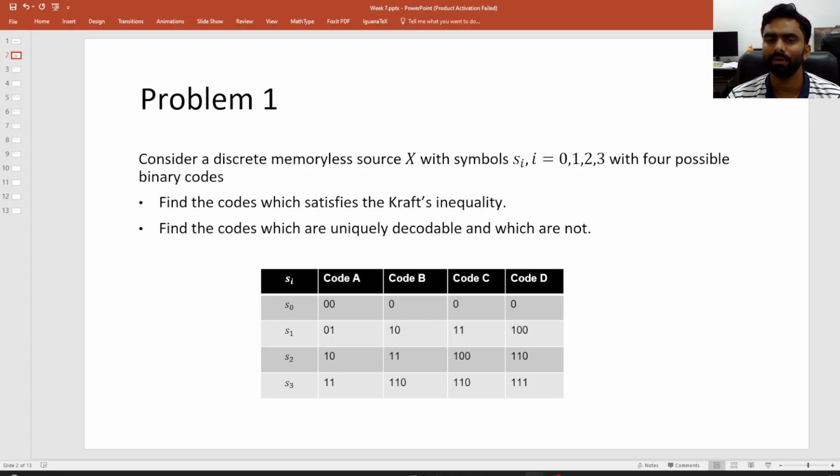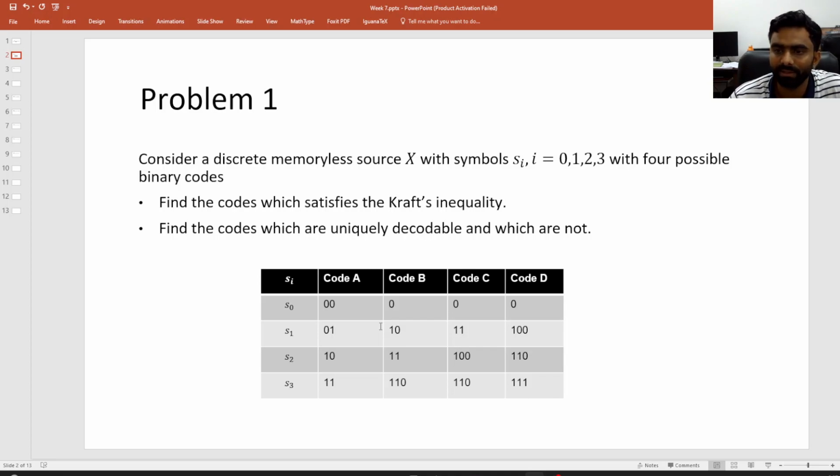There are four codes: code A, code B, code C, and code D, and the binary symbols S0, S1, S2, S3 are coded as given in the table. You have to find the codes which satisfy the Kraft inequality, and find which codes are uniquely decodable and which are not uniquely decodable.